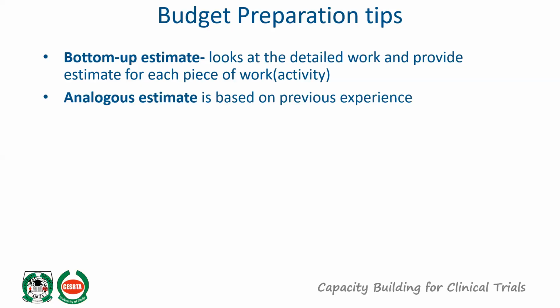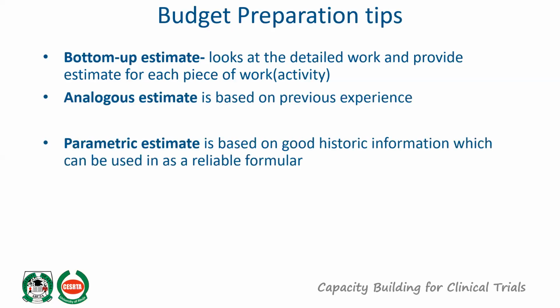This one is based on your previous experience, and at the same time we have parametrics, which is more accurate because you are using a formula based on the historic information that you have. For example, maybe you've done a clinical trial 2 years ago in a particular location or at a particular site.